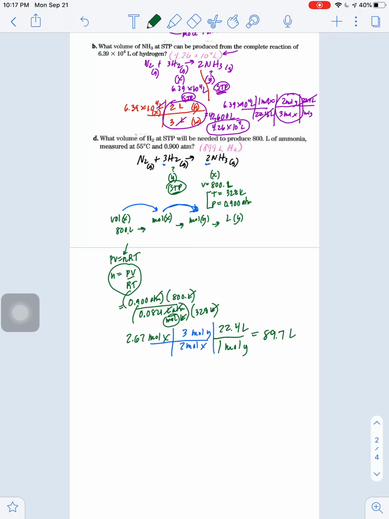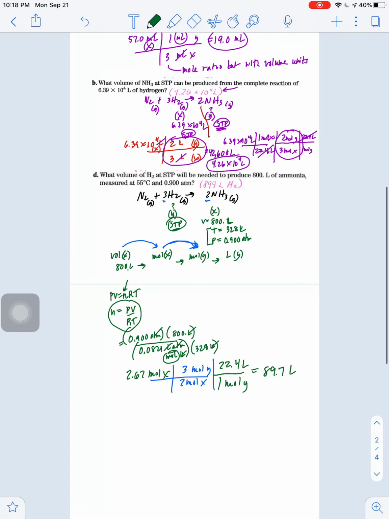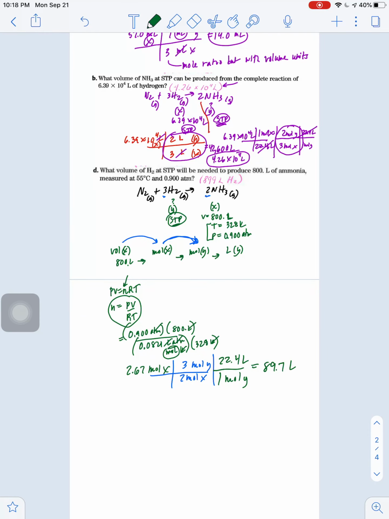No. Did I enter that wrong? Because my answer's wrong, so what the heck did I do wrong? 800 liters. I may have put something in my calculator wrong. Oh, this answer was supposed to be 26.7.